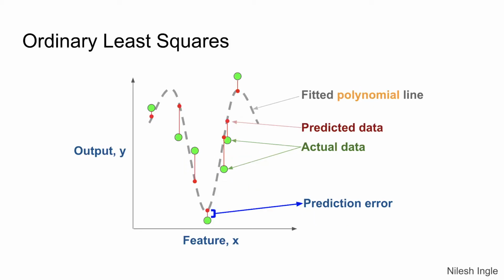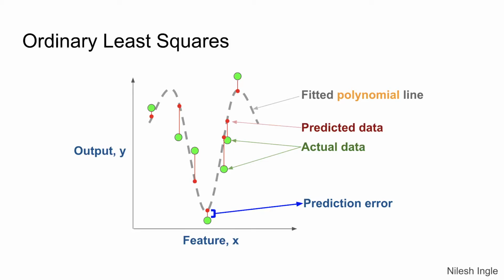Now, here is another example. This is a little bit counterintuitive, that this is also a linear regression, given that the line that is fitted is not linear, it's a polynomial. The reason why it is linear regression is because the parameters are linearly connecting the features.